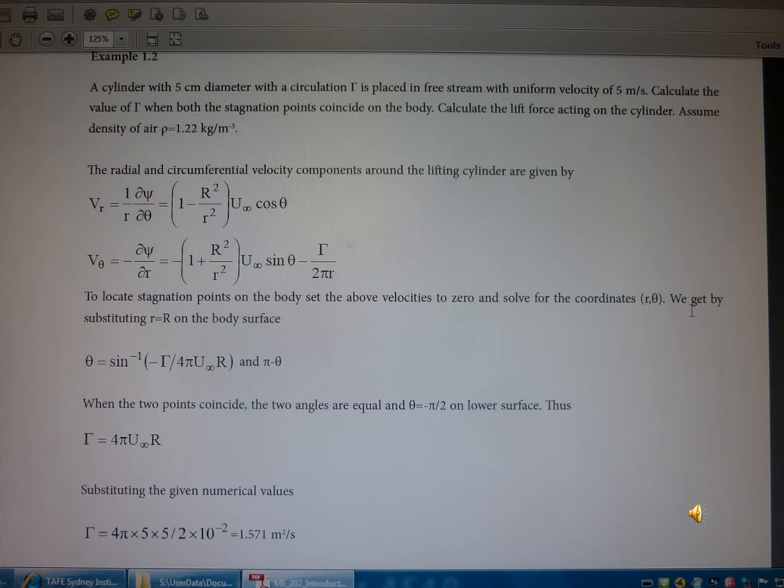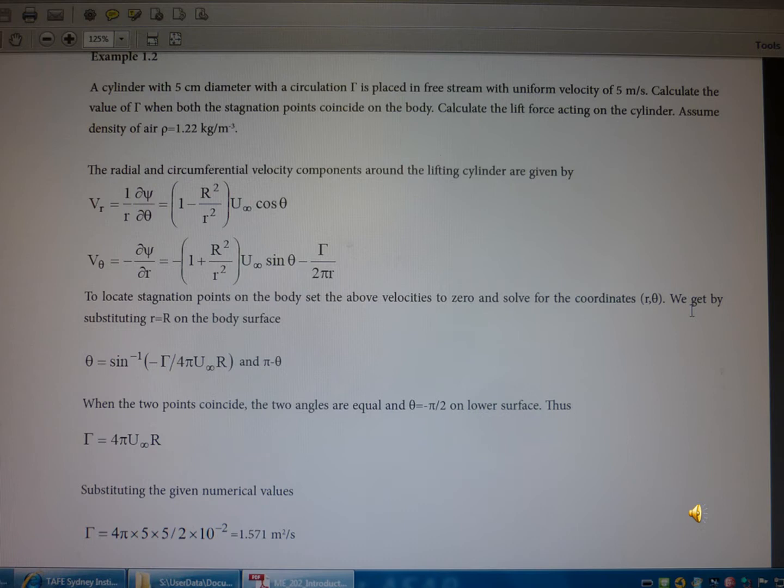Firstly we have to calculate the radial and circumferential velocity components around the lifting cylinder, given by v r equal to 1 by r del psi by del theta equal to 1 minus R square by r square, u infinity cos theta, and v theta equal to minus del psi by del r equal to minus 1 plus R square by r square, u infinity sin theta minus tau by 2 pi r.